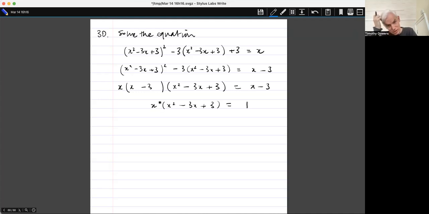What happens if x is large and negative? Then this thing is going to be large and negative, and if x is large and positive, this thing is going to be large and positive. So it's a cubic, yes, so there's definitely going to be another solution. I don't know whether I can actually see what it is. If x equals a third, that looks kind of promising. I have a ninth. No, it's not that promising, actually.